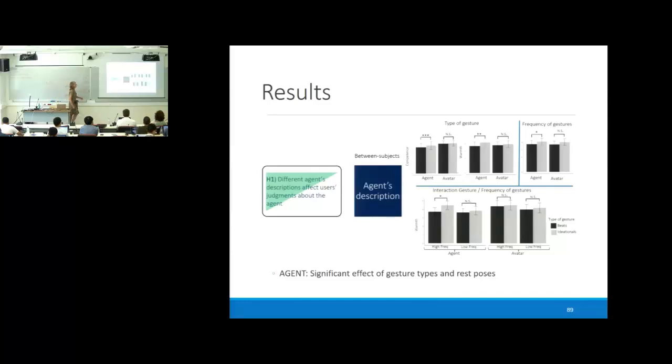Regarding the description of the agent, so between-subject, what we found is that when the agent is said to be autonomous, so to be an artificial intelligence agent, we found a significant effect of the gesture types and response. We didn't find that when we said that the agent was driven by human intelligence, by a Wizard of Oz.